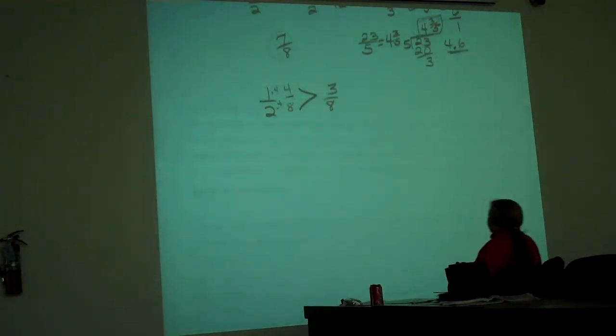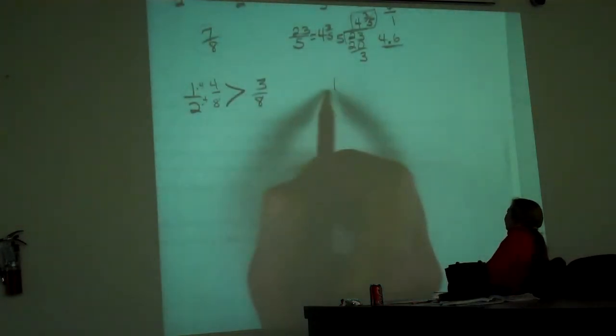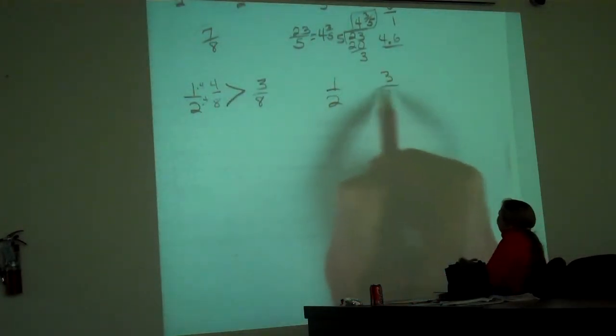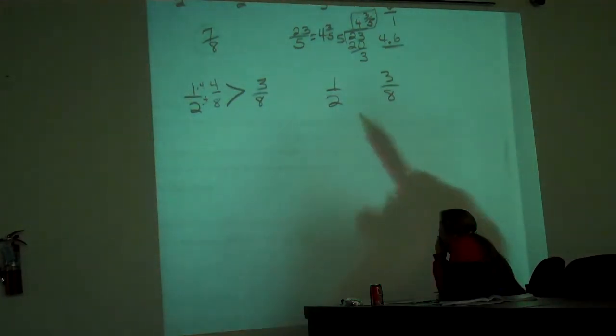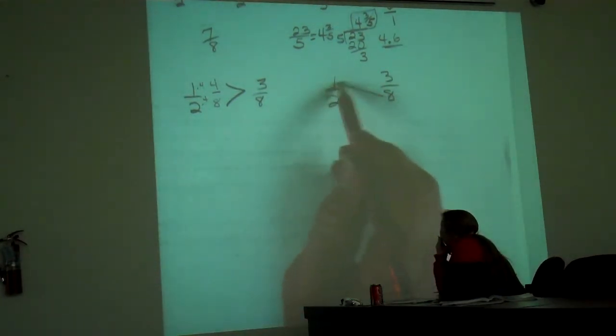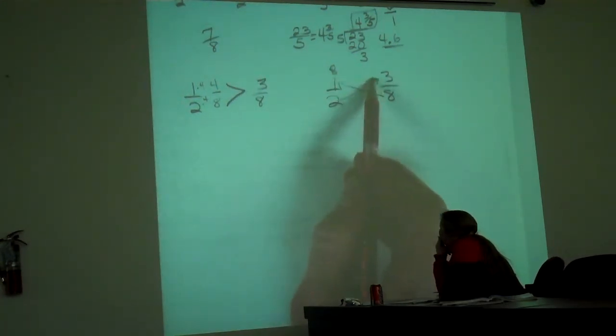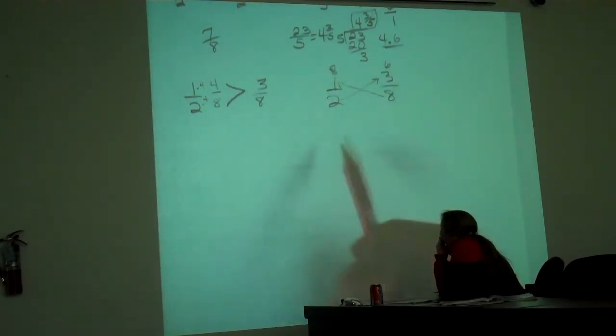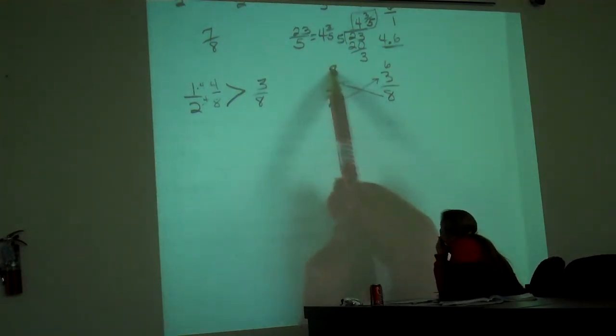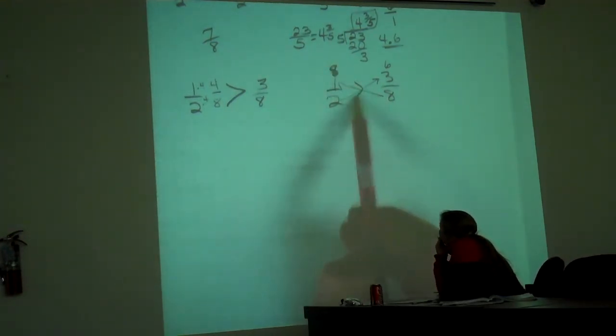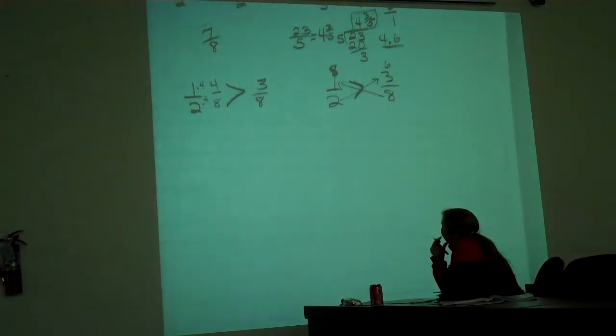Let me show you another way that's quick and easy. The same fractions. If you multiply 8 times 1, you can put an 8 up here. 2 times 3 is 6. See how this is bigger? You can use this number to be able to tell which was bigger.